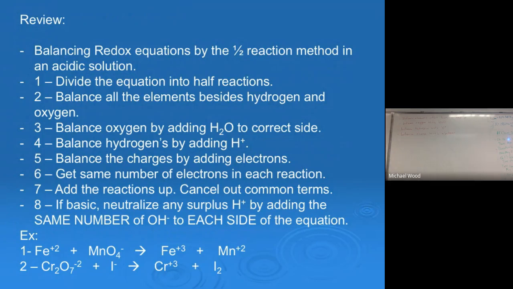And again, I got to keep track of the charges. So here's, again, the shorthand way to do this. And then finally, I want to get the electrons equal, and I total the reaction.